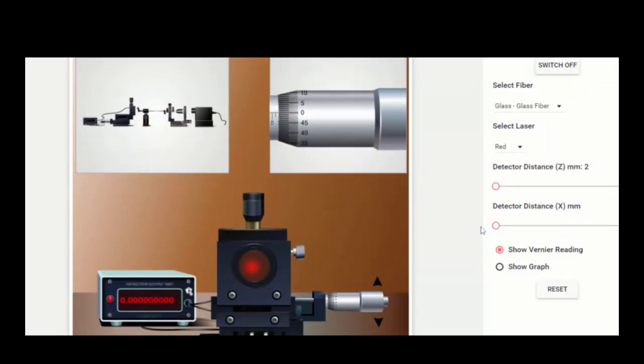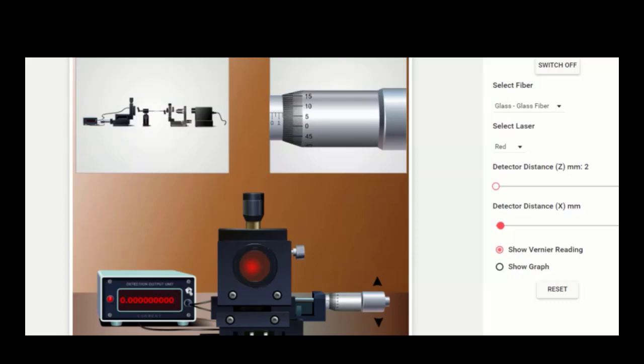When it is at the minimum value, you see the zero of this circular scale is coinciding with the main scale of this screw gauge. So move it in a way that when 0 comes again, one rotation has been completed. That means it has moved 0.5 millimeter.